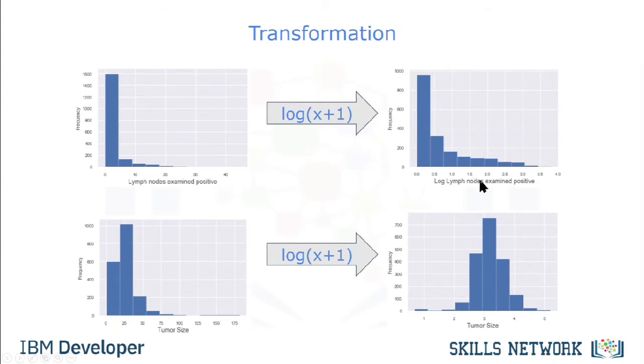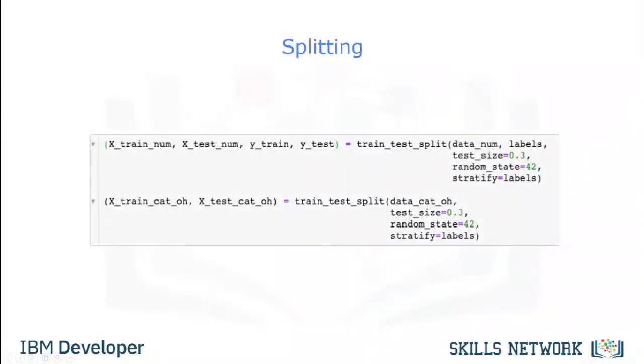We will see the data is not skewed, at least not too skewed anymore. Then the dataset will be split into train and test data.